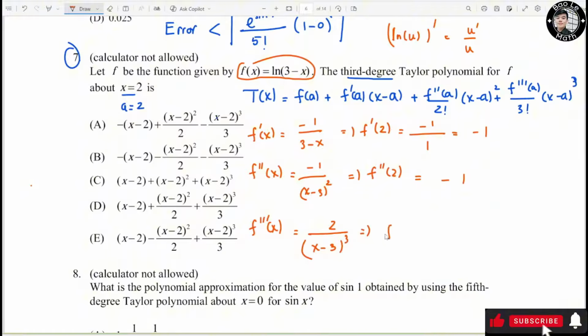So then f triple prime of 2 equals negative 2, right? Now don't forget to calculate f of 2, right? So ln of 1 is going to be 0, right? So we substitute this value into this formula and substitute 2 for a, right? Then we're going to end up with the answer B.